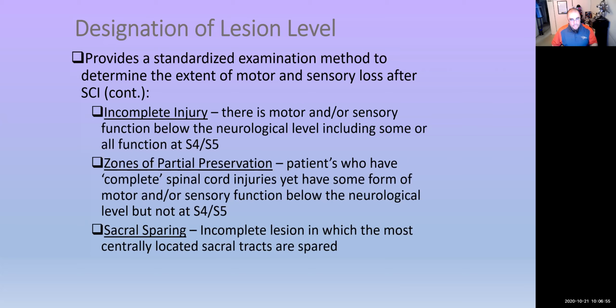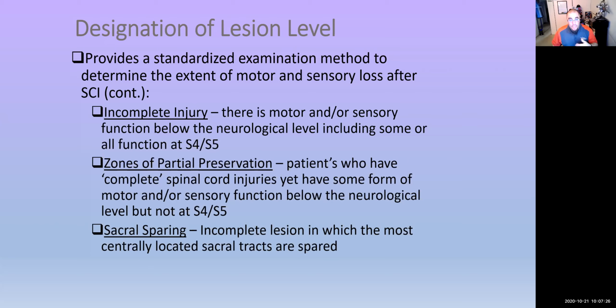So in order for it to be an incomplete injury, let's say I'm a T4 patient, right? In order for me to be classified as incomplete, I would have to have some function below T4, including some bowel and bladder. It may not be fully functional bowel and bladder, but some functional bowel and bladder. Another type of incomplete injury is where the patient has zones of partial preservation.